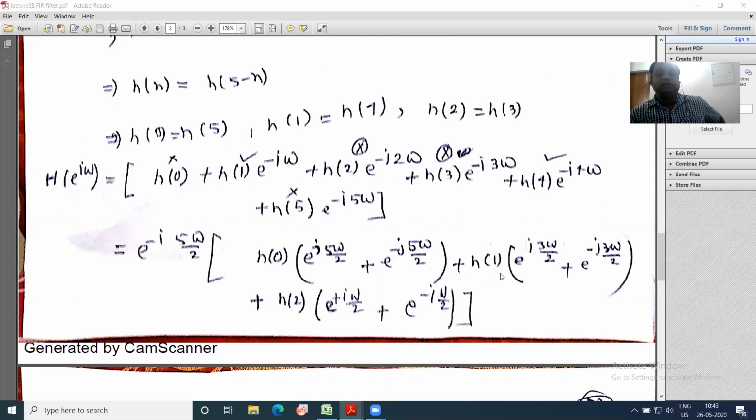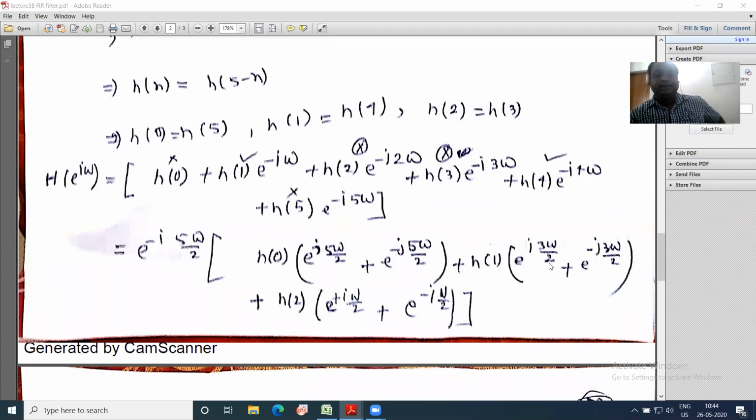Then h1 into e power minus j3 omega by 2, suppose with minus j5 omega by 2, so this will be equal to minus j2 omega by 2, so minus omega. So this term h1 e power minus j omega corresponds to e power minus j5 omega by 2 into h1 into e power minus j3 omega by 2.